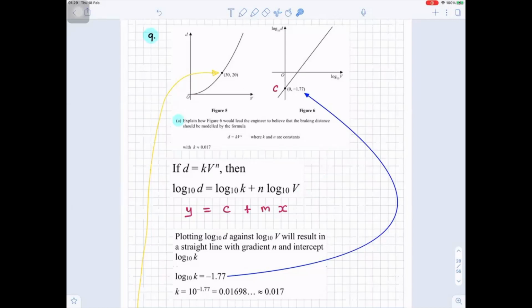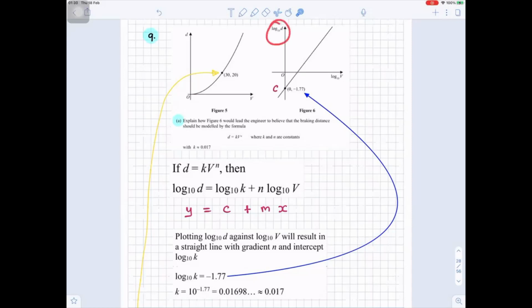And this looks like y equals mx plus c. So when they plot log d as the y on the graph against log v as the x, you will get a straight line with gradient n and intercept log k to the base 10.